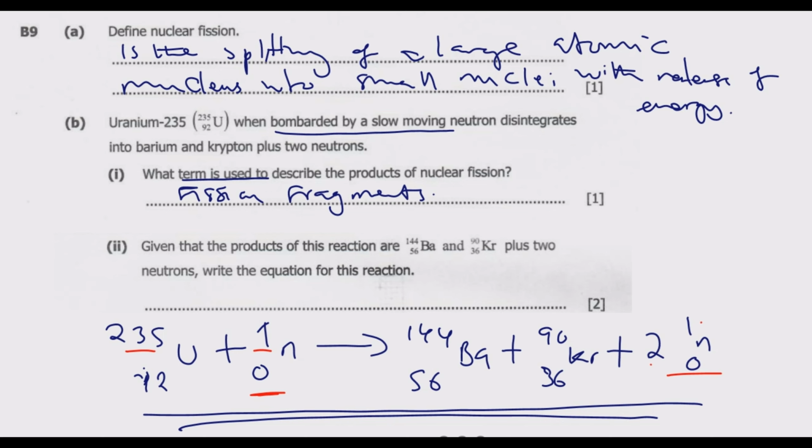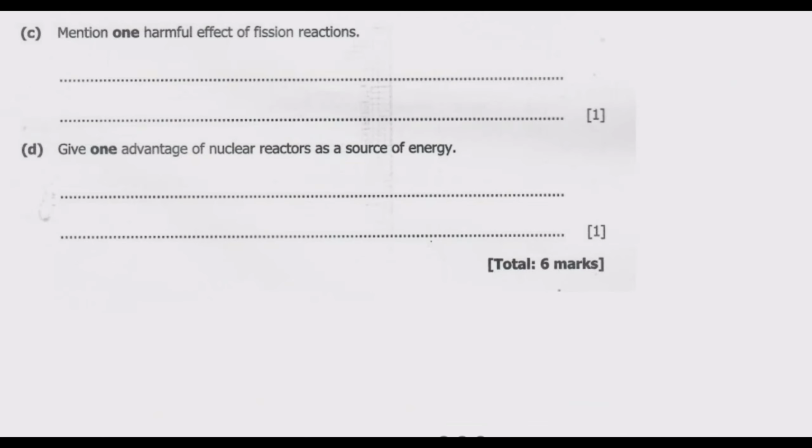Then of course we have 92 here and 92 on the other side, and 56 plus 36 is also 92. So this is balanced. Let us move to C.